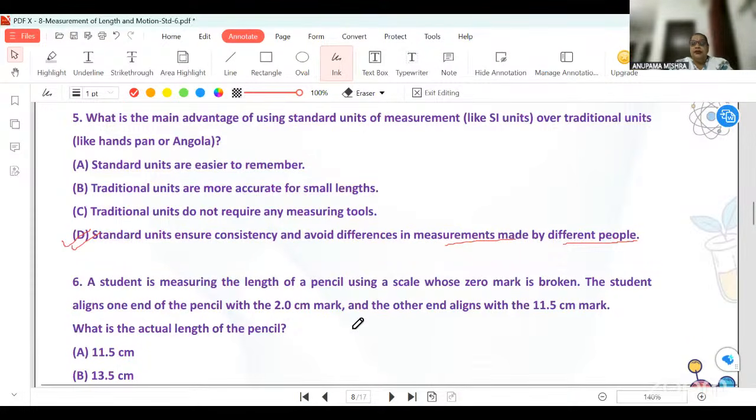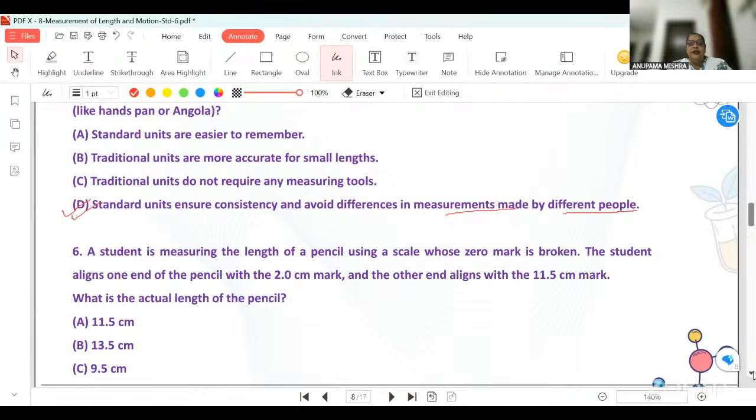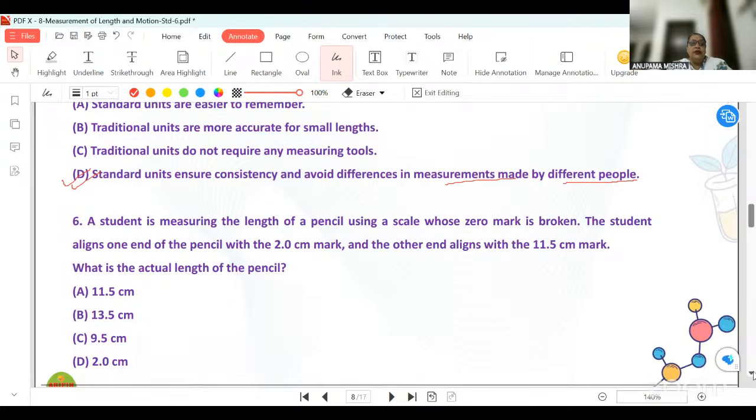The next one. A student is measuring the length of a pencil using a scale whose zero mark is broken. The student aligns one end of the pencil with the 2.0 centimeter mark and the other end aligns with the 11.5 centimeter mark.